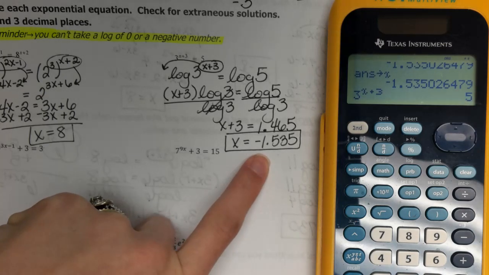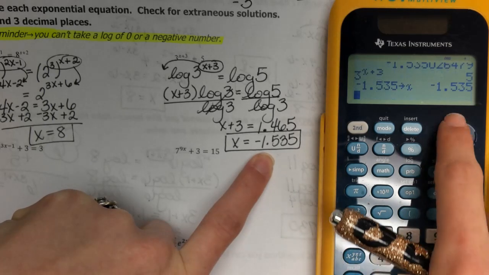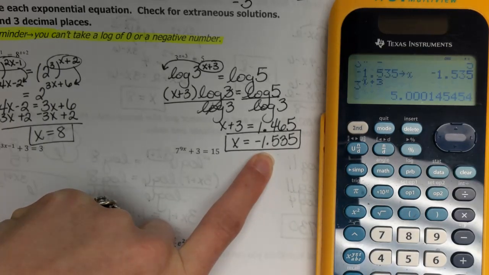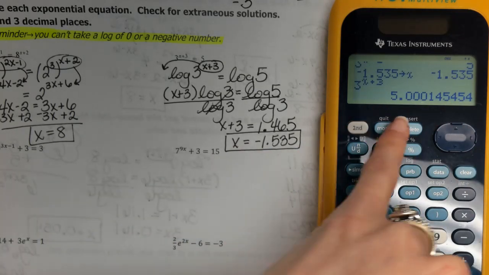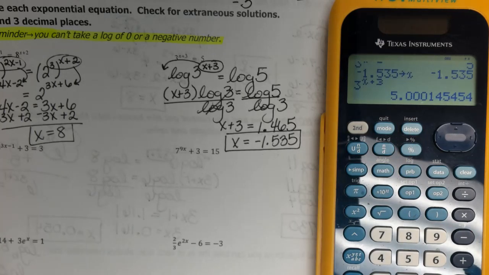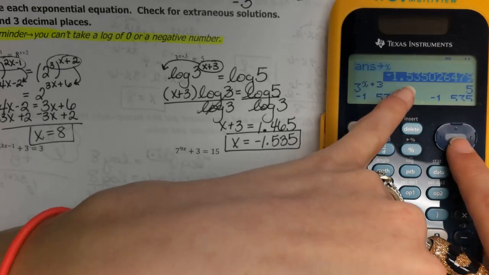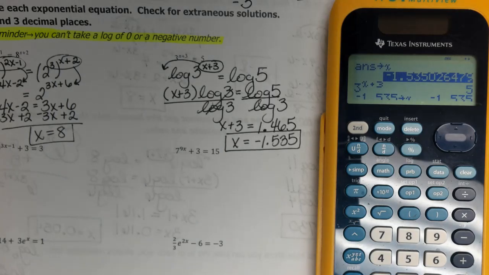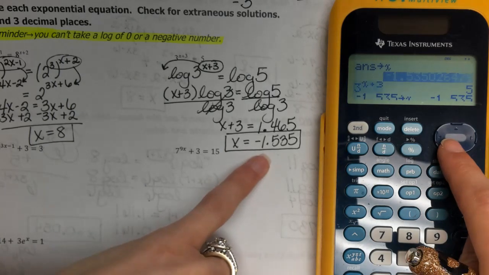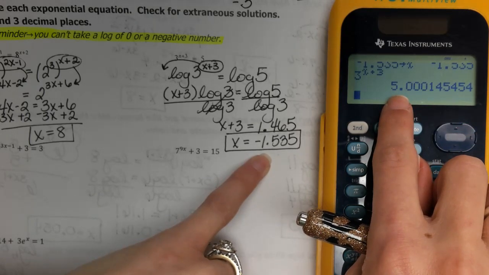But if I do negative 1.535 and I estimate it, I round it, I don't get exactly 5. That is okay, as long as it's near 5 because of your rounding. So this long decimal is my super accurate actual answer. So when I store that, of course it's going to give me 5. But if all you're doing is checking the rounded one, just make sure it's close enough to 5. You get what I'm saying there?